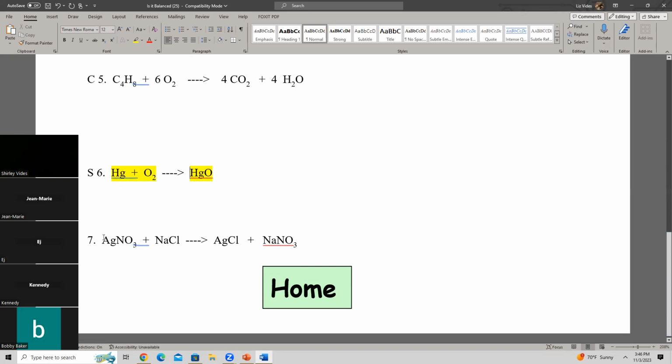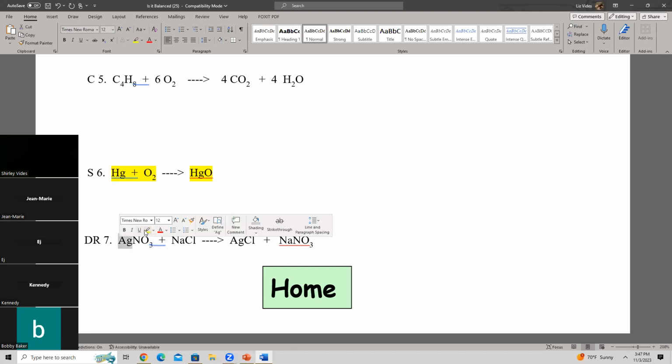In this last one, very obviously it's a double replacement, right? Because you have the silver here moving where the sodium was and the sodium moving where the silver was. As a matter of fact, let's make these different colors so we can actually see the movement.